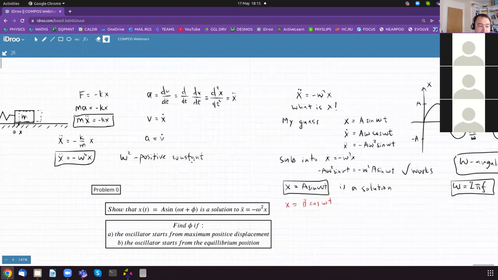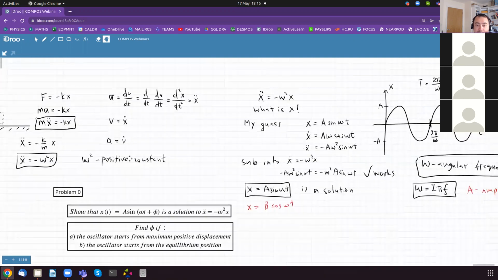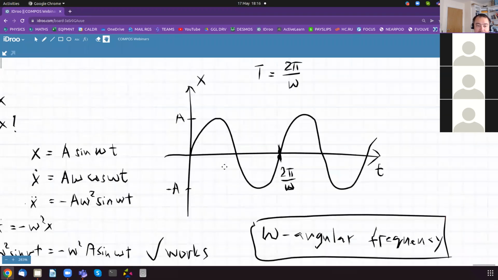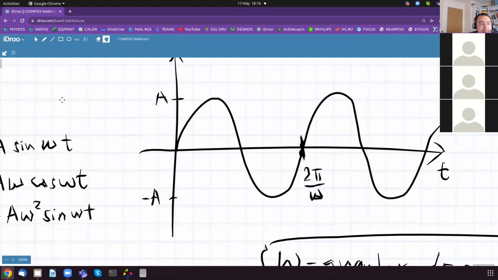Because what is the difference? This solution that we've drawn here assumes that the object is in the equilibrium position when t is 0.